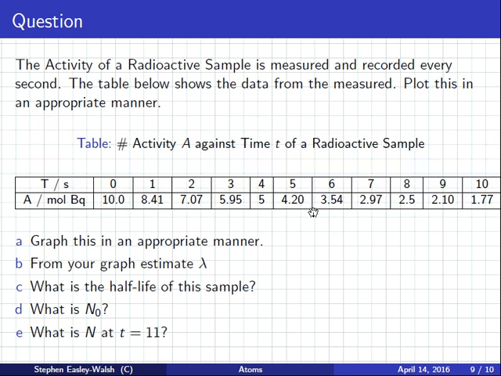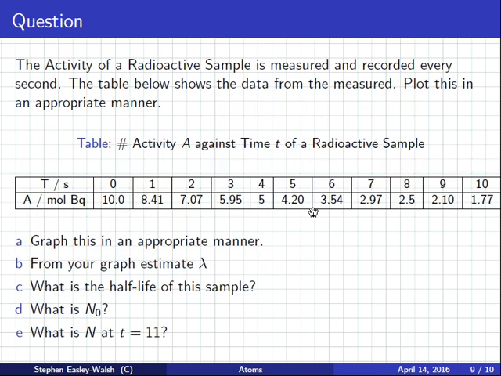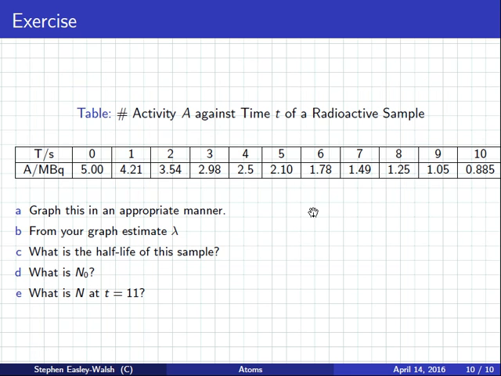Alright, so I just have one question for you to try. This one here. There's nothing really different here. I think you'll be fine. There's no need for me to do this. Okay, try this one, please. In the exam, I would want you to use beautiful graph paper.